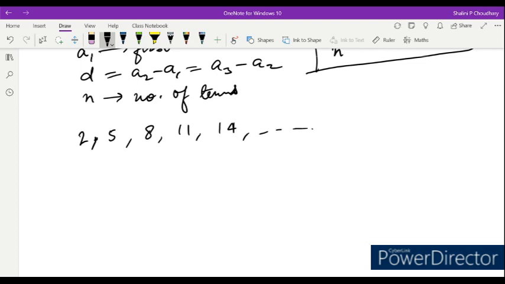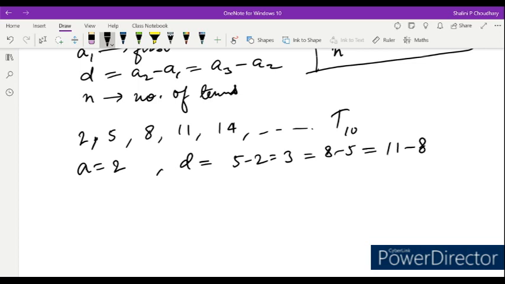We have to find the 10th term, T10. Here A is equal to the first term, that is 2. D is equal to the difference between the terms, so 5 minus 2 is equal to 3, or 8 minus 5, or 11 minus 8. The difference of any pair we find, we get 3. So 3 is the common difference.